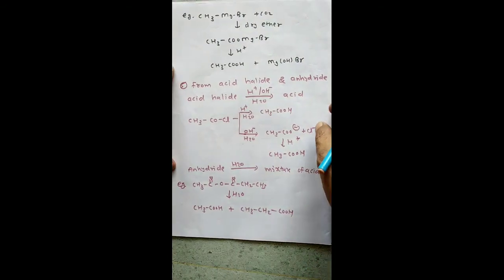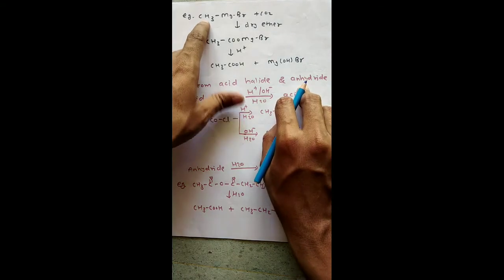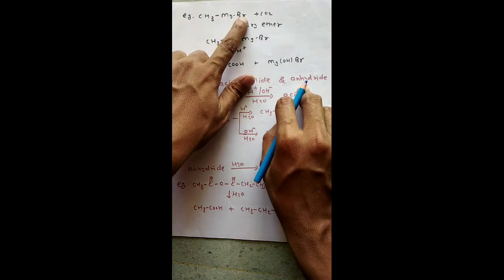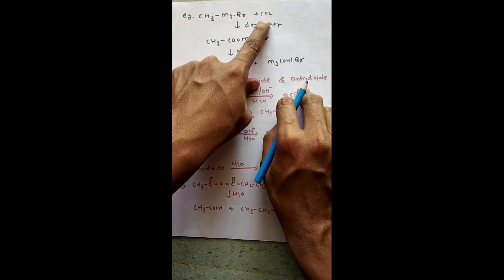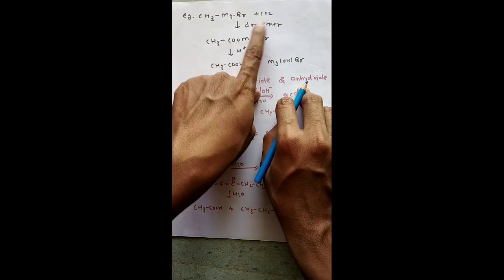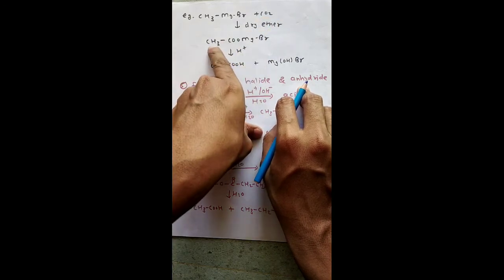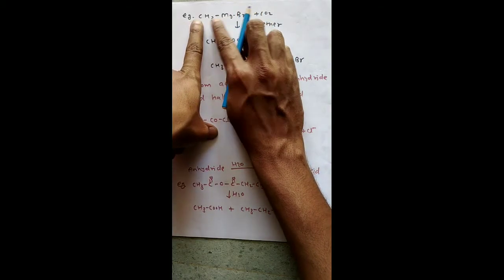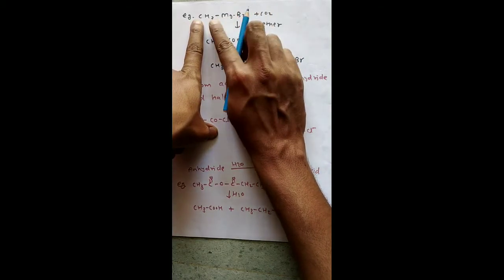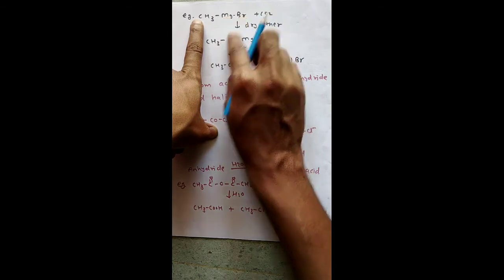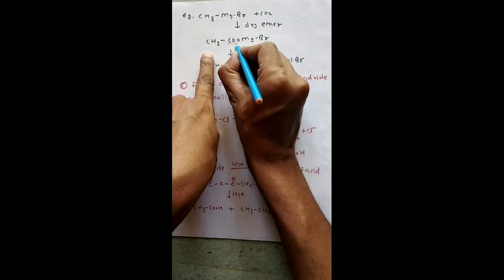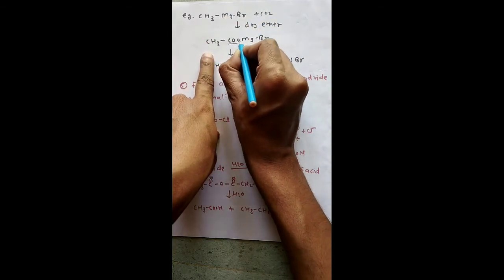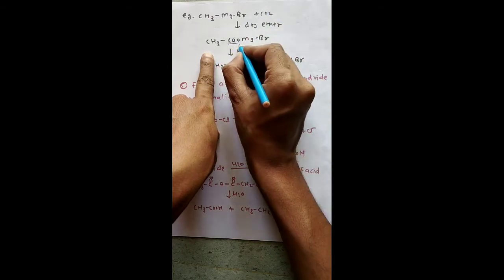Let's take an example here. We have this Grignard reagent CH3MgBr. When it reacts with carbon dioxide CO2 in presence of dry ether, what happens here? Between the alkyl group CH3 and MgBr, you have to add CO2, you can say C double bond O. So it is a CO2 molecule.